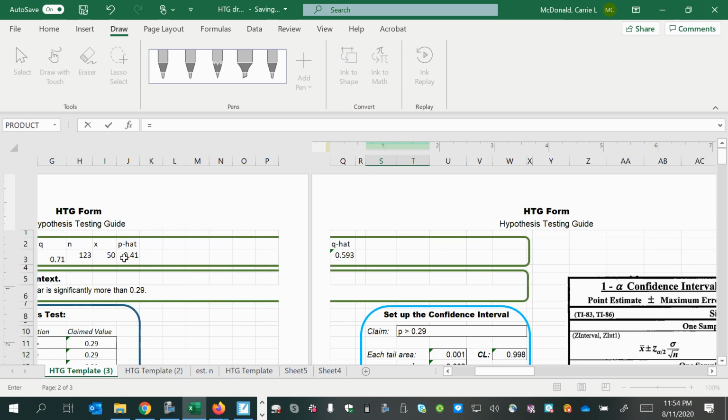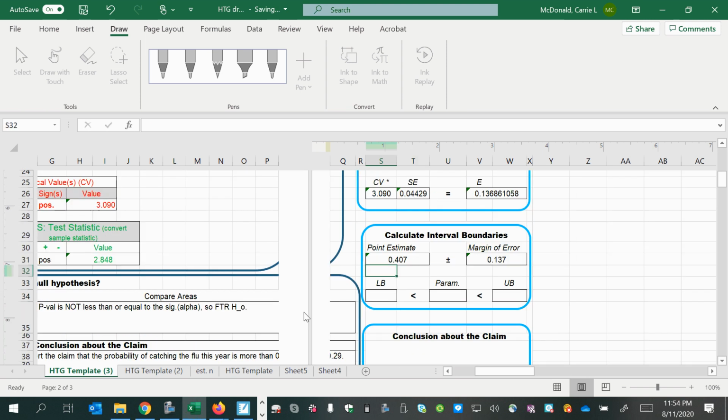So I've got to go up and get my p hat. My p hat is 0.407, plus or minus the margin of error will give me my boundaries when I'm estimating the population proportion P. The lower boundary is p hat minus the margin of error. The upper boundary is p hat plus the margin of error.